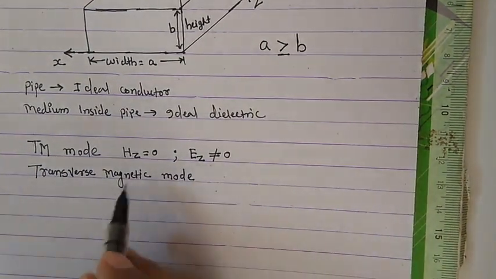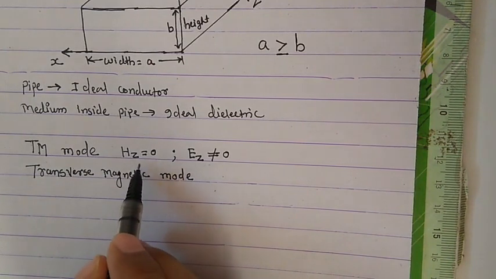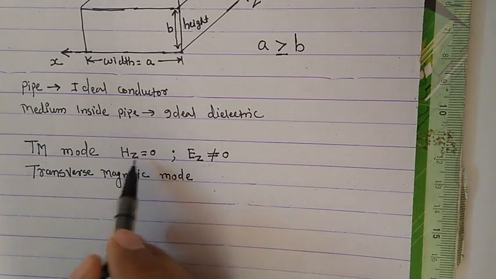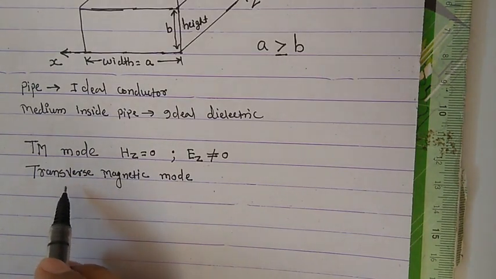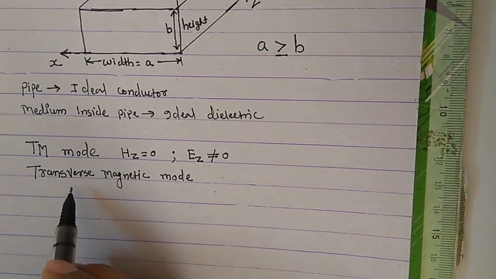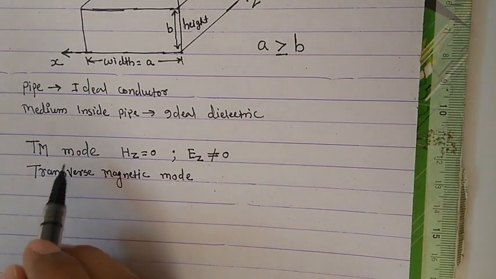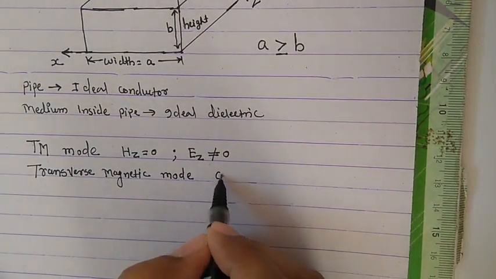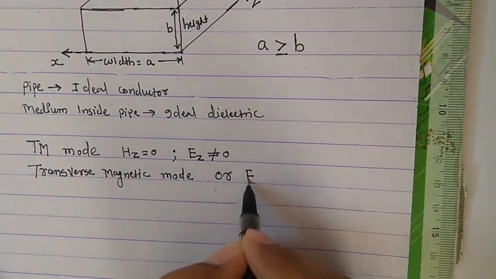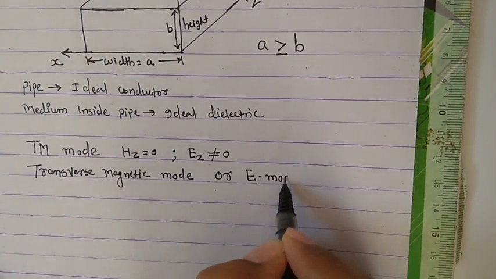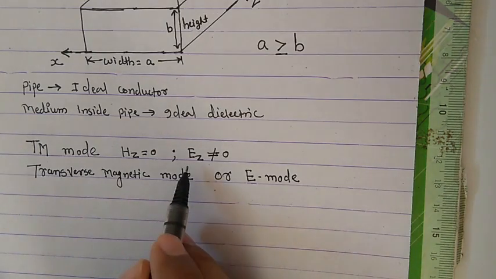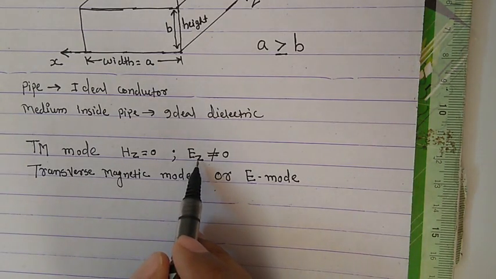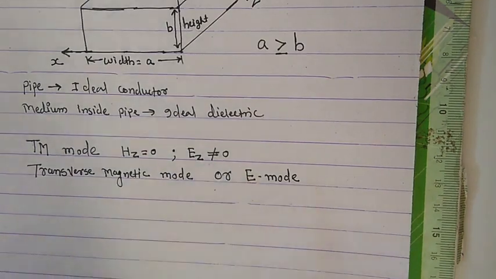Because the longitudinal component of the magnetic field is 0, but the transverse component is present, hence the name TM. Sometimes this mode is also called E mode, because the component of the electric field in the longitudinal direction is non-zero.